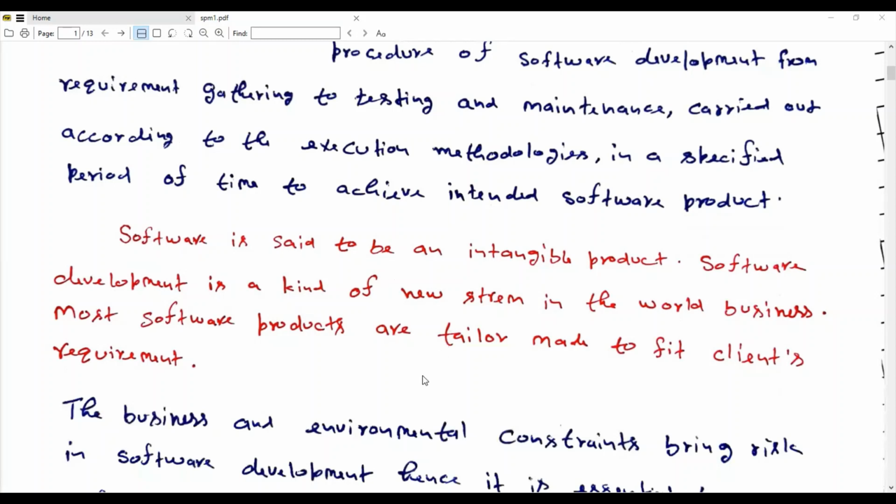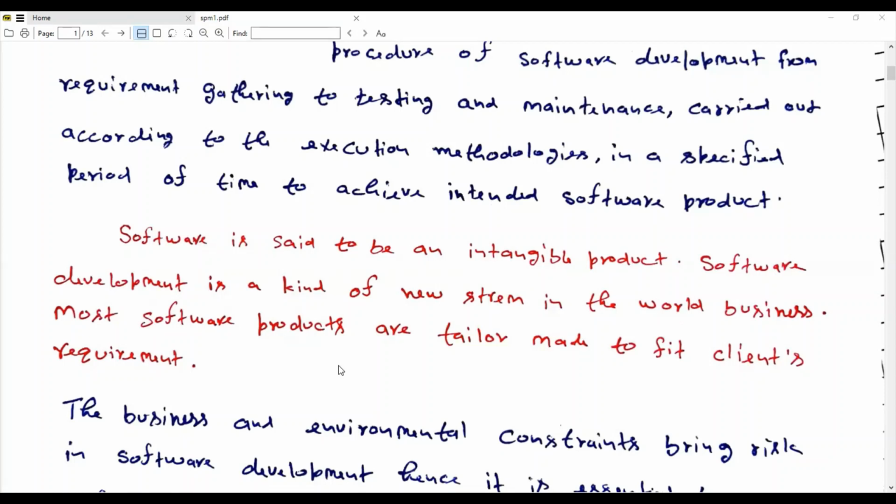As we have discussed earlier about software, we can also say that software is a tangible and intangible product, terms you have listened to many times. Tangible means that which we can touch and feel.